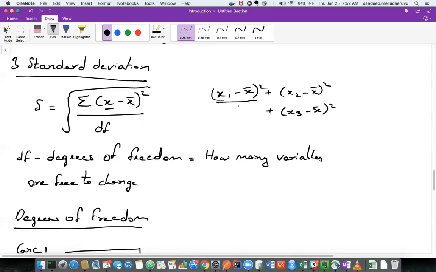The first term is how much x1 is deviated from the center, how much x2 is deviated from the center, how much x3 is deviated from the center, and we are adding up all the deviations. That's what we are doing here. Any questions on this?